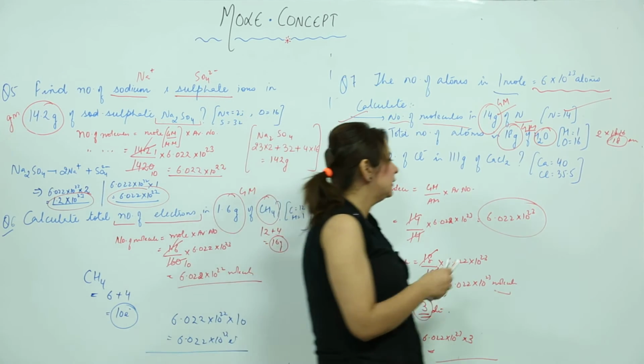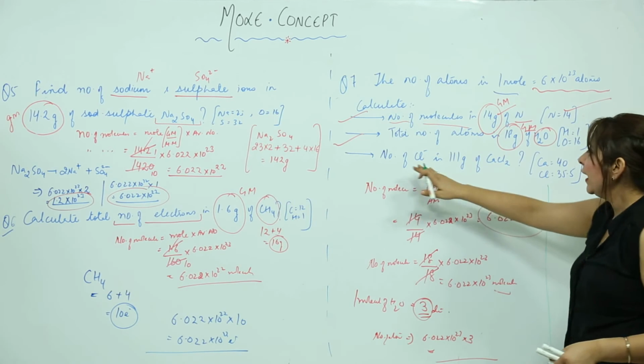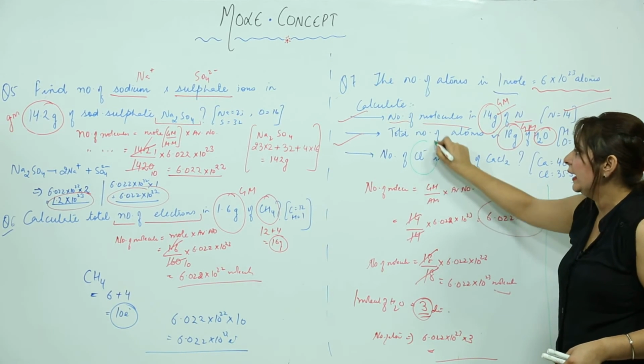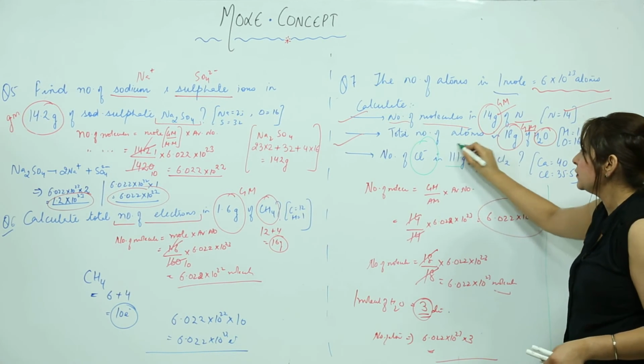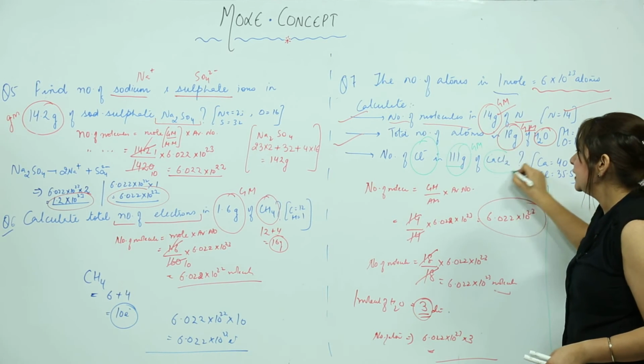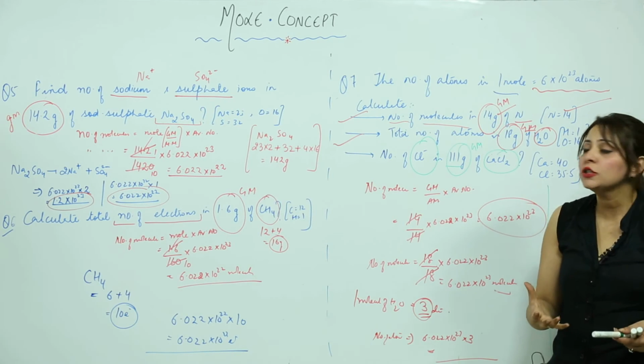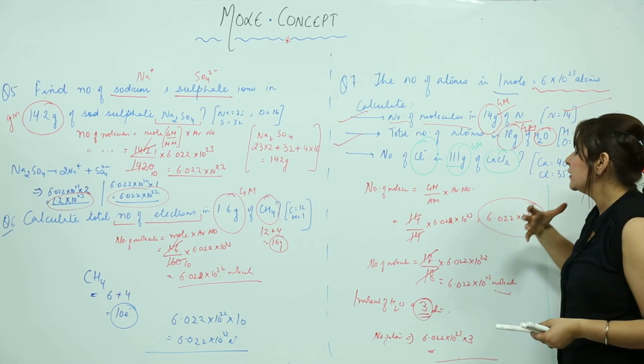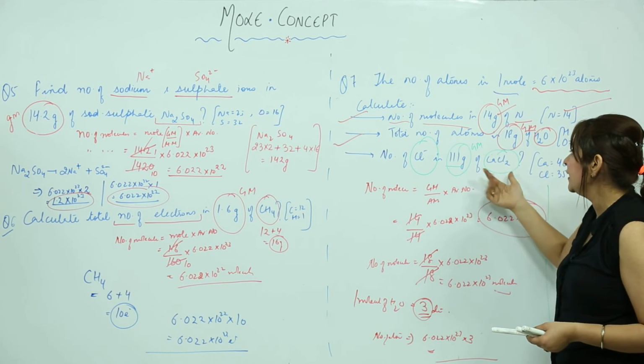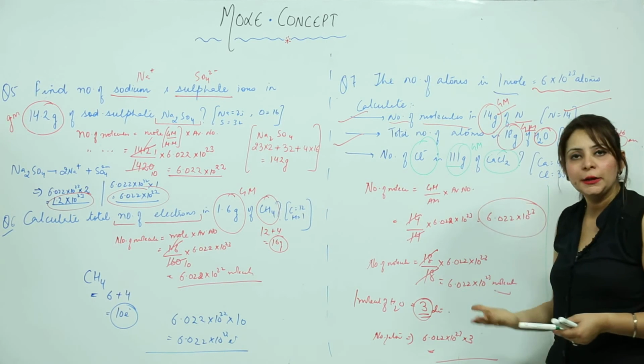Now in the third part, you need to find the number of chloride ions in 111 grams, that is the given mass of CaCl2, right? So again, we need to find the number of molecules, then find the chloride ions in one molecule, and then just multiply the figure.